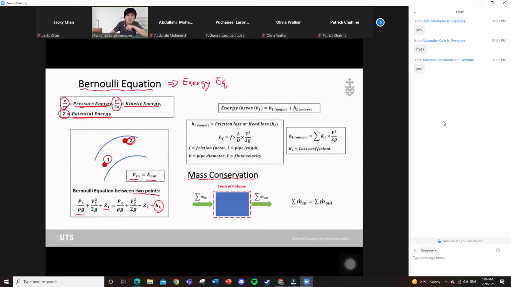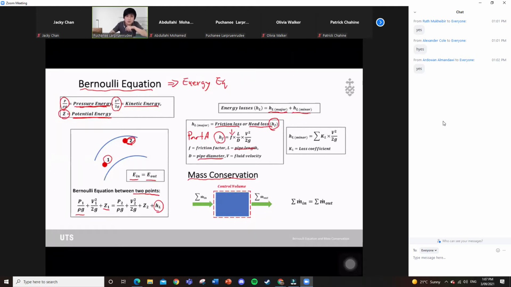The energy loss is a combination of major loss and minor loss. For the major loss, we can say this one is friction loss or head loss, HF. You need to find HF for part A. HF equals f, the friction factor, multiplied by L over D. L is the pipe length, D is the pipe diameter.